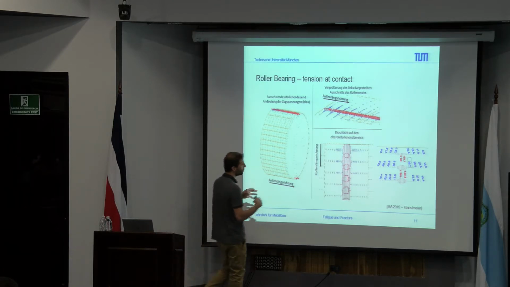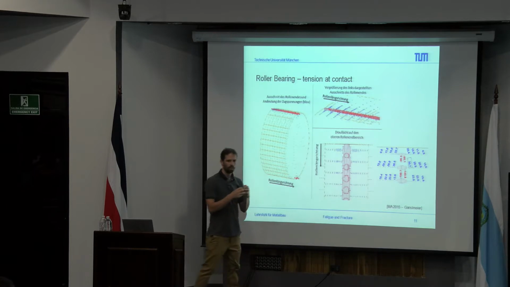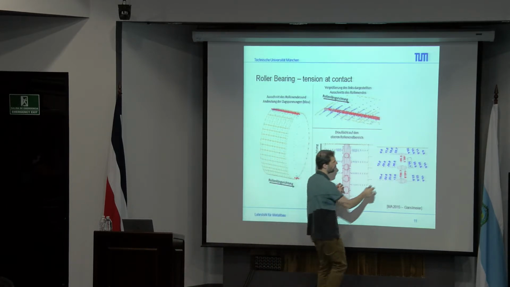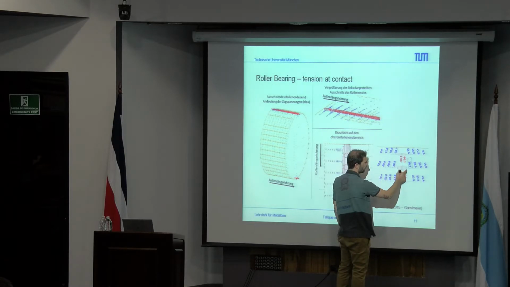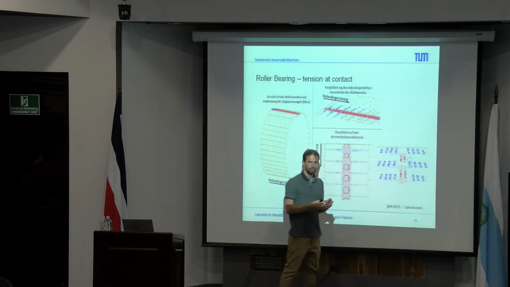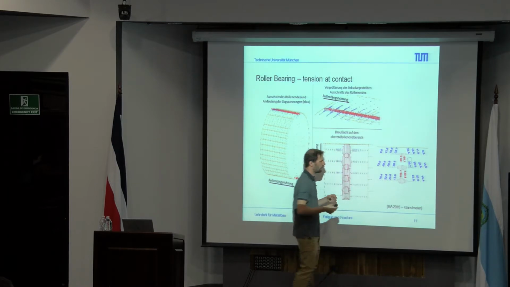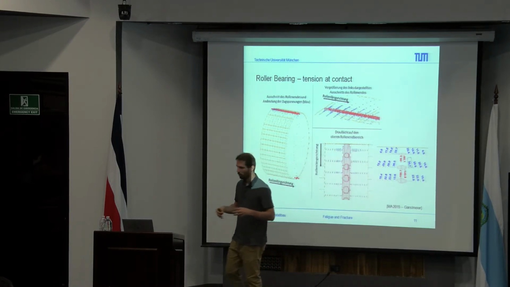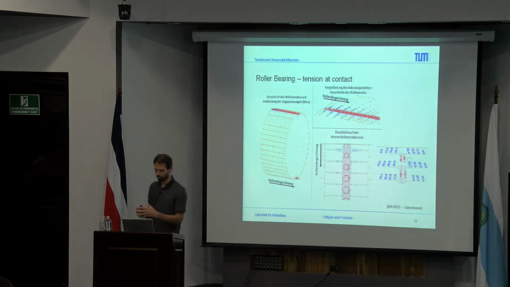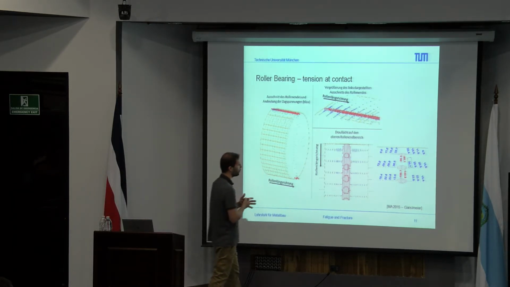But due to the 3-dimensional stress state and the Poisson ratio, you can see that, for example, this is the contact zone, and next to the contact zone you get some information which is just tension.